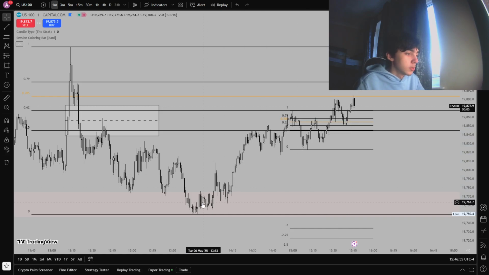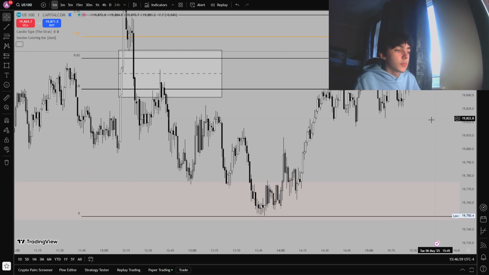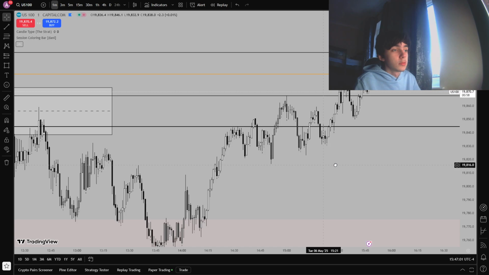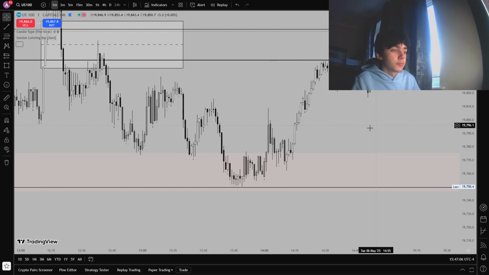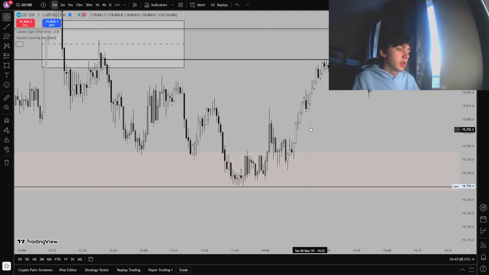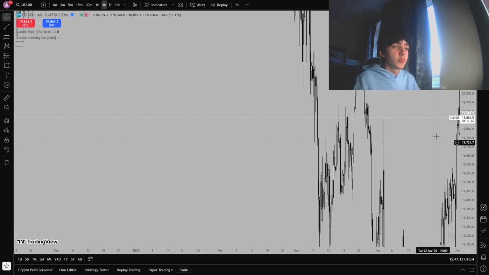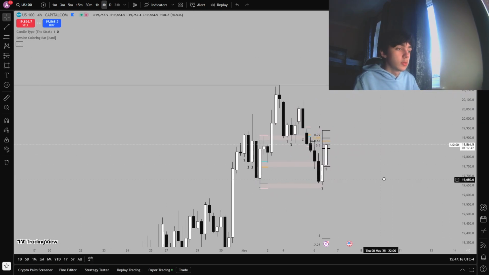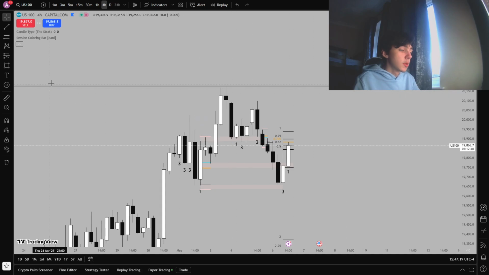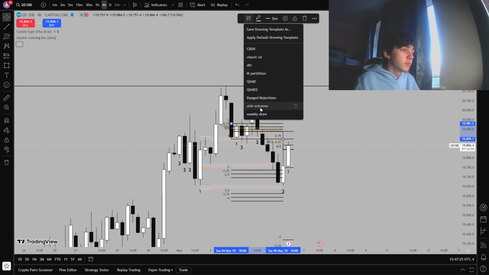This here was the missed trade. Looking at this, we're inside of this M partition, and on the 4 hour, I'm pretty sure we had this inside candle with our TTV.